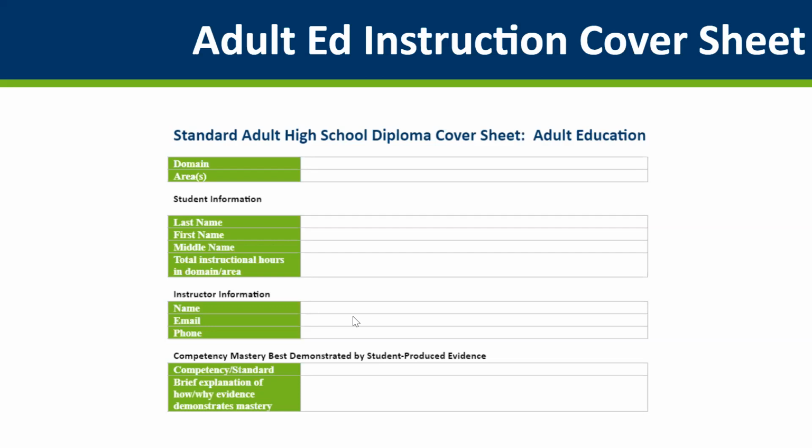But keep in mind that by using the completion option, you are saying that you have covered all of that instructional content with your student. So it does sometimes raise a red flag for reviewers if you say you've done it in a very, very small amount of hours, especially if the student evidence doesn't seem very high quality. So, good question.